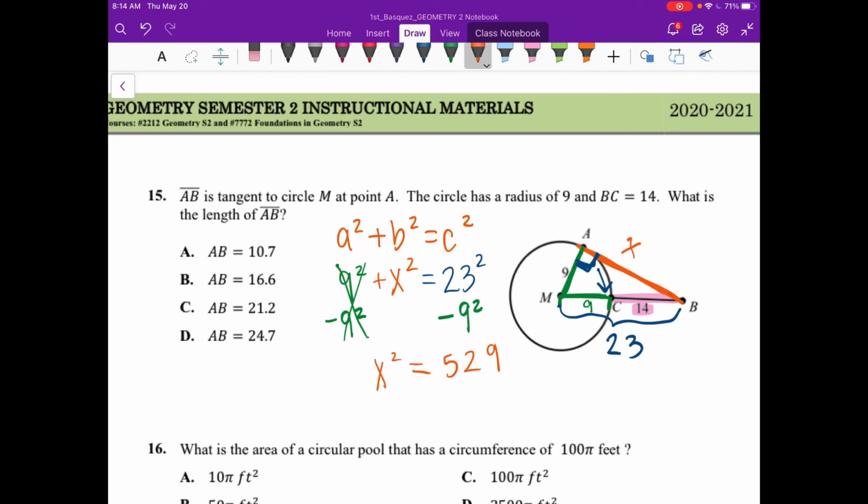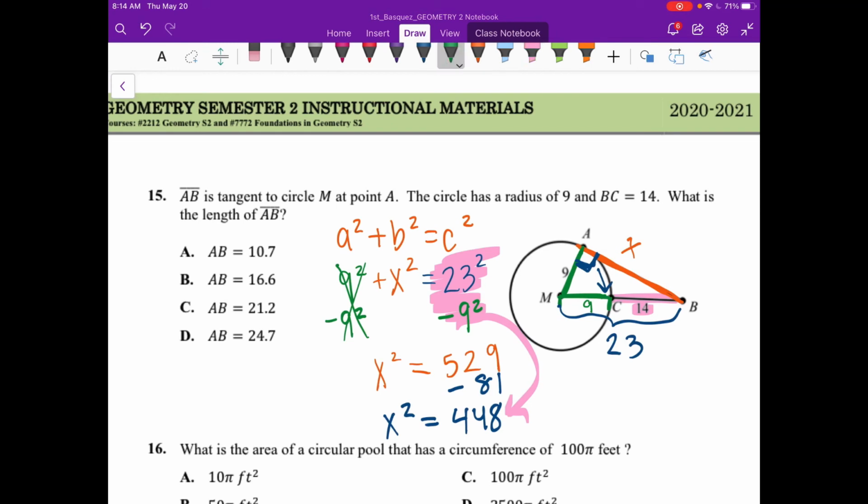And so the 529 is just for 23 squared. And then we're going to subtract the 9 squared, which is 81. So really, we have x squared equals 448. If you enter it all at once, you should end up with 448. The 23 squared alone gives me 529. That's where that number comes from.